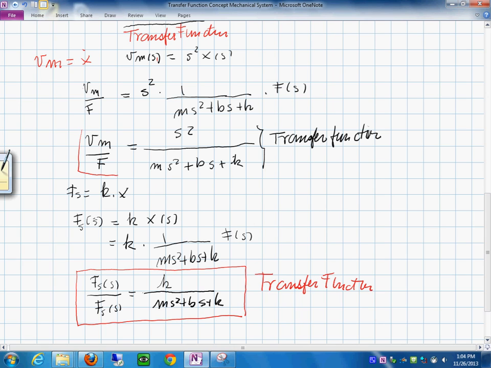And of course, this too is the transfer function. You can do this with any system to obtain these transfer functions, the relationships between the output and the input. So this is our transfer function, doing it in a manual way.